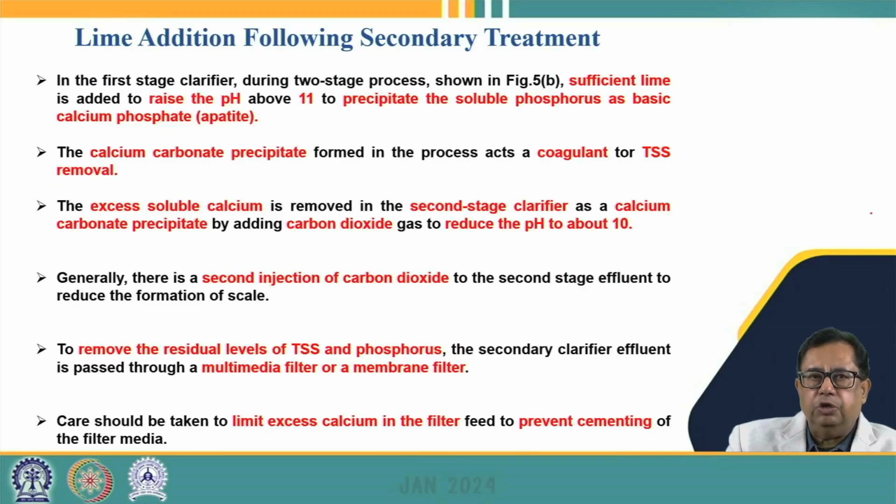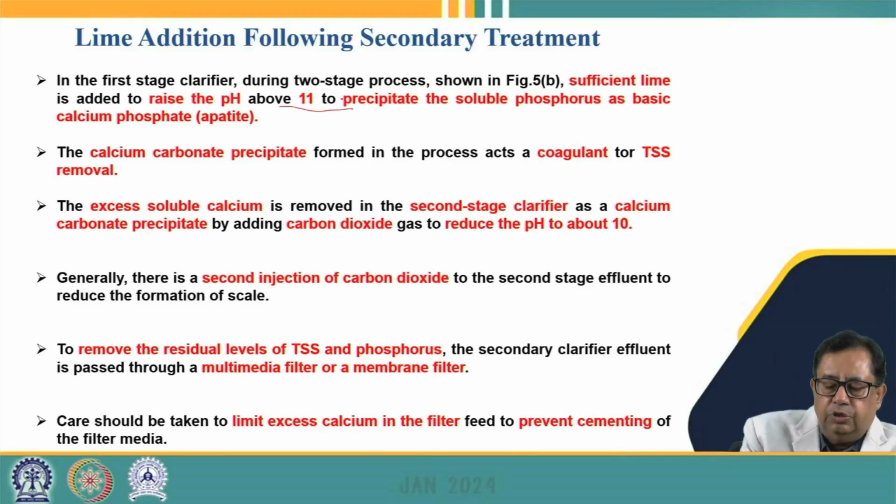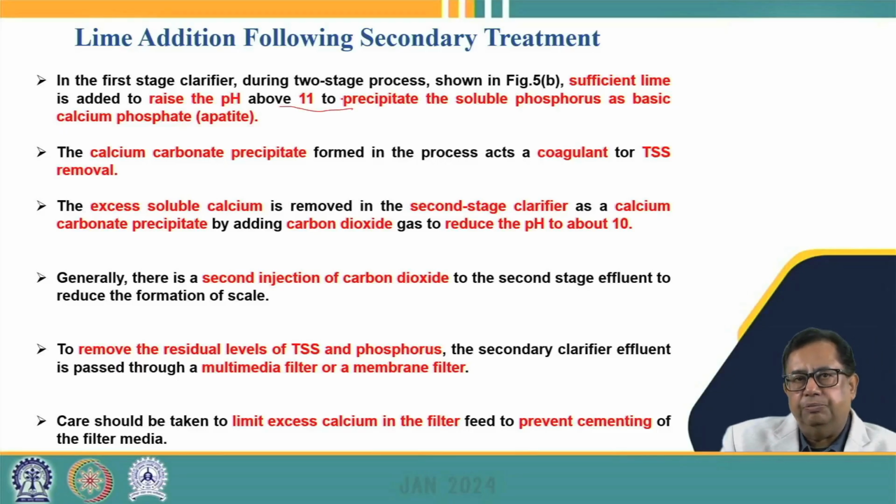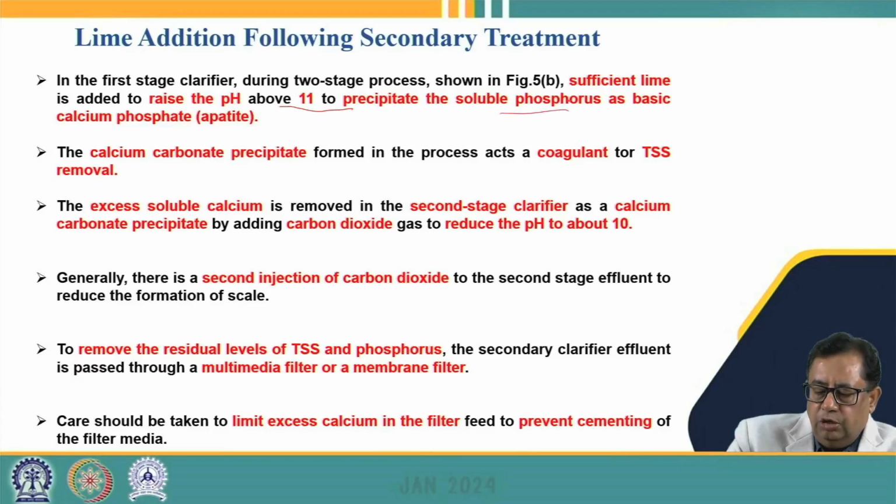In the two-stage process, during the first stage we add the lime in large quantities so that we can raise the pH to nearly 11, so that it can precipitate the soluble phosphorus as calcium phosphate, which is also known as apatite. And calcium carbonate precipitate will also be formed, and they will act as a coagulant for the suspended solids removal also.